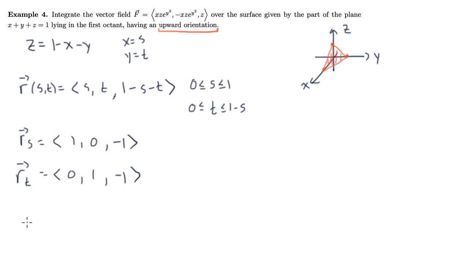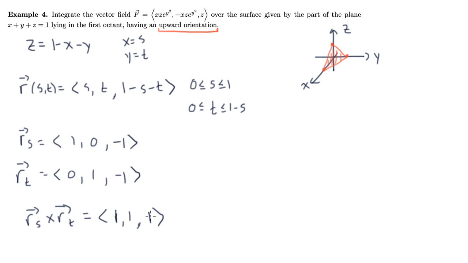And so the normal vector is going to be the cross product, which is, okay, we're going to have 0 minus negative 1, that's going to be 1. Then we have negative 1 minus 0, but it's negative because it's the y component. So 1, 1, and then for the z component, we have 1 as well. So the normal vector is actually just 1, 1, 1.